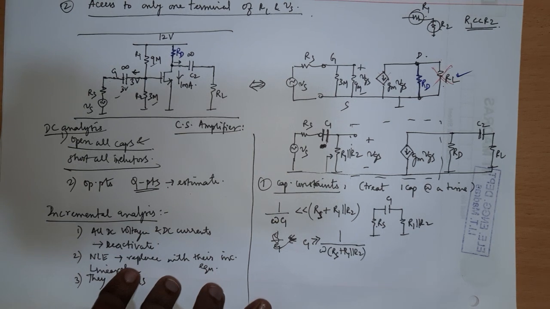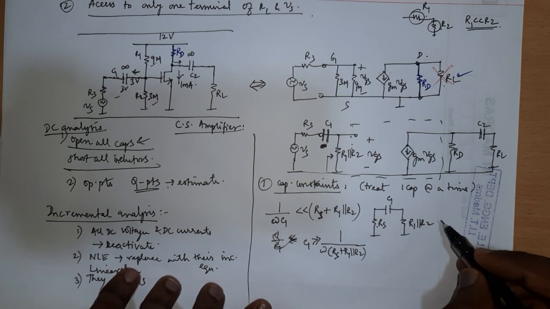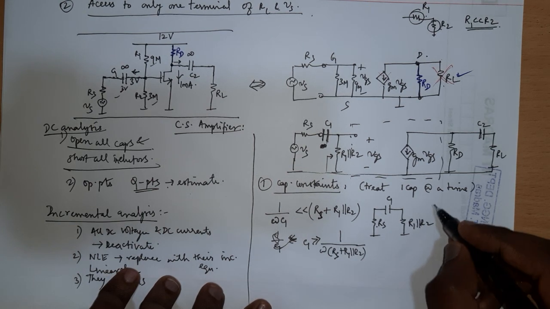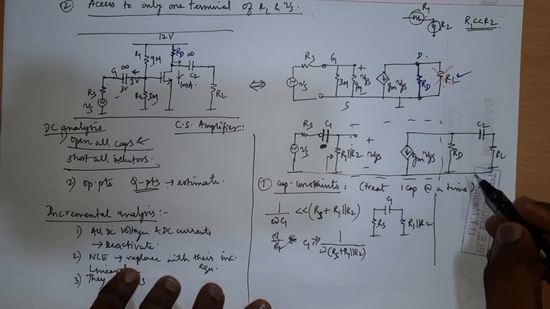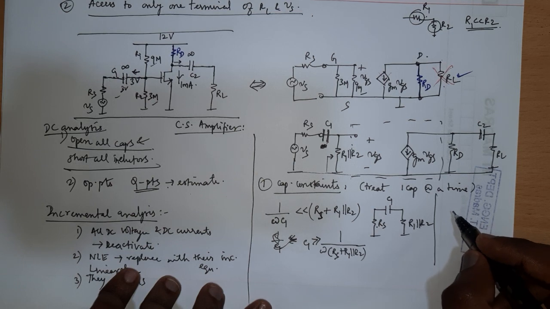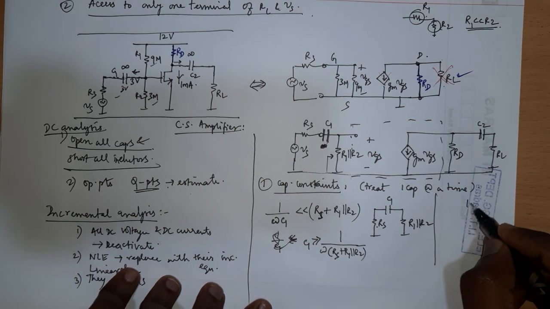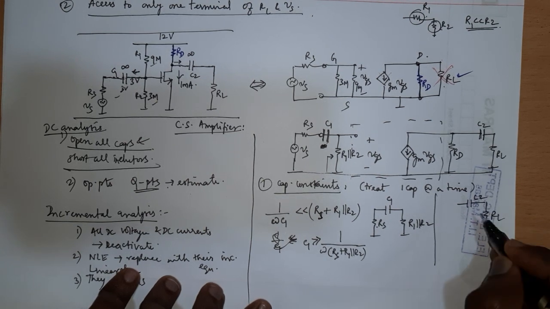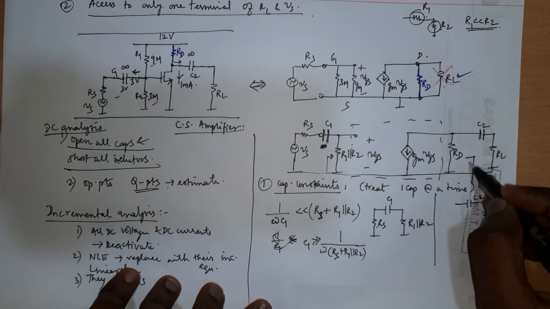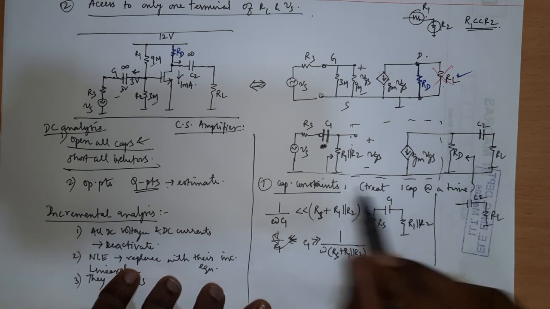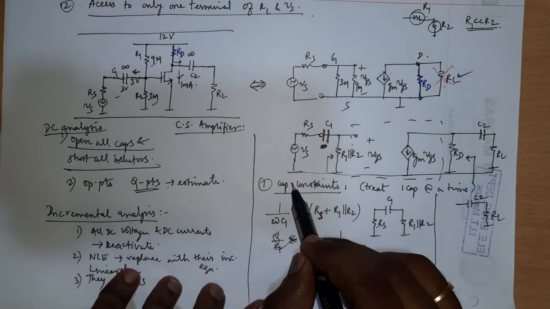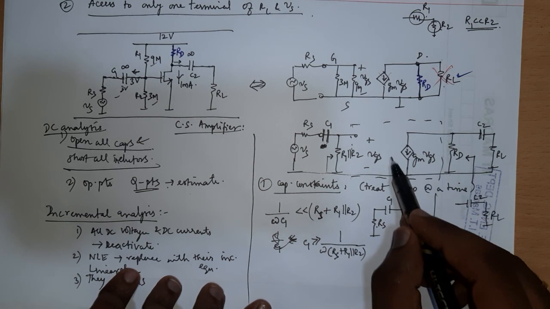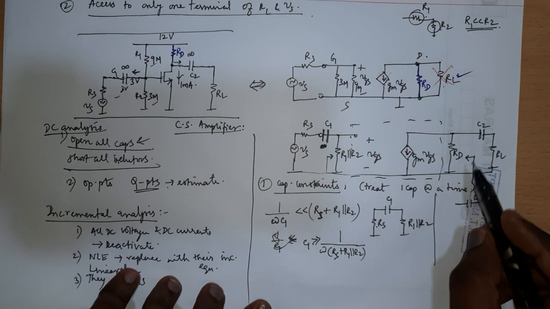So the next thing is the constraint on the capacitor C2. How do I find it? Let me put the capacitor C2; to the right of the capacitor I have only RL, and to the left I should figure out the effective impedance. You short the signal source. If you short the signal source, VGS is 0, so this particular current is 0, so it is open, and I have only RD.